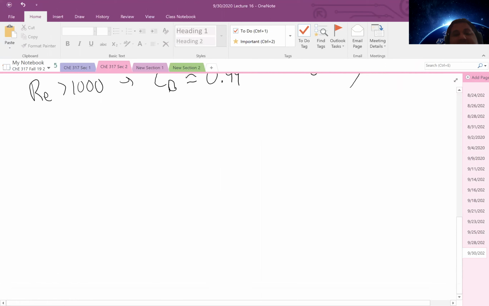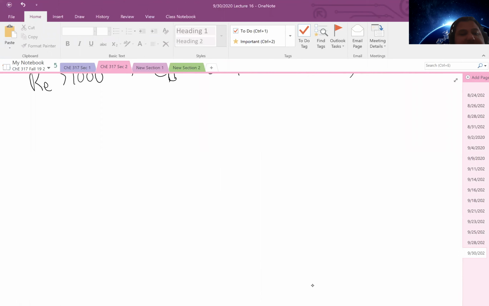We can apply the concept of drag force to solve for a terminal velocity of a falling object, or any object for that matter, where drag is involved.